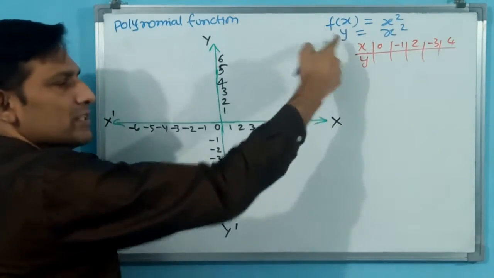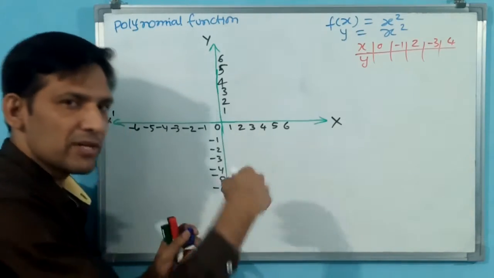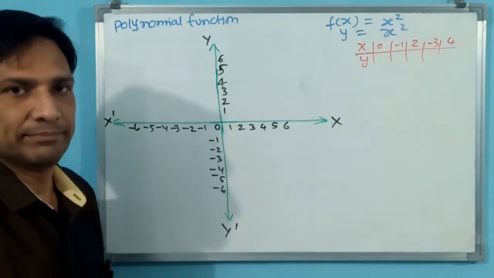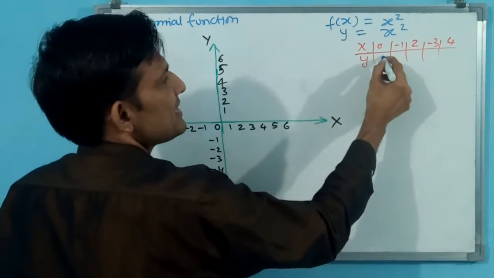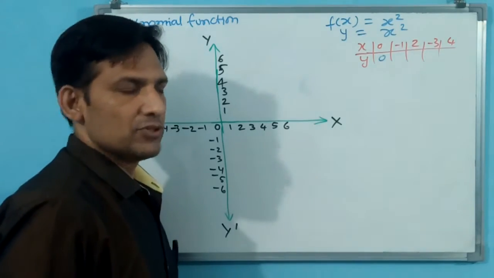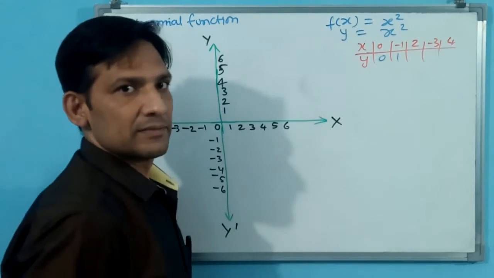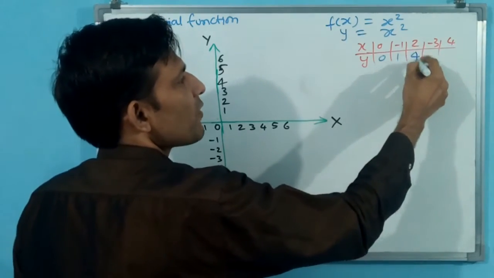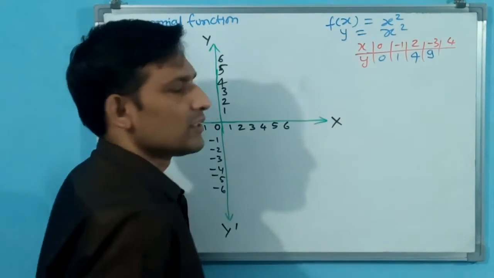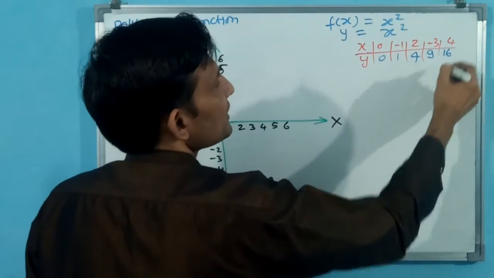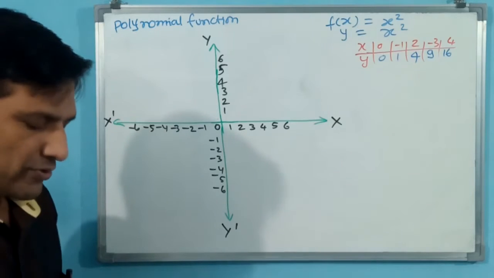I already said f(x) you can take as y, because x, f(x) will come as ordered pairs in coordinates. If you give 0, x² becomes 0. If you give -1, it becomes 1. If you give 2, it becomes 4. If you give -3, it becomes 9. If you give 4, it becomes 16. These are the values we get.